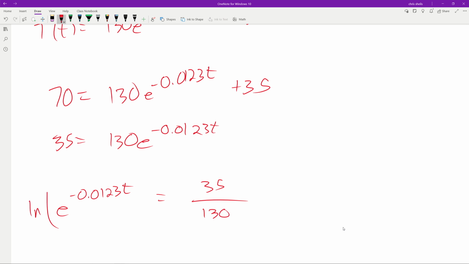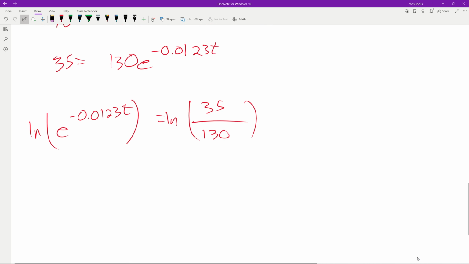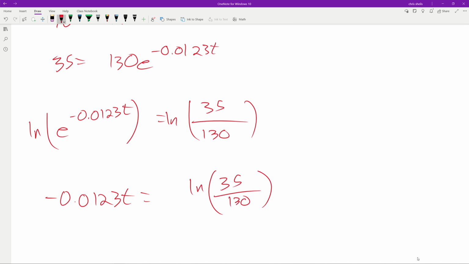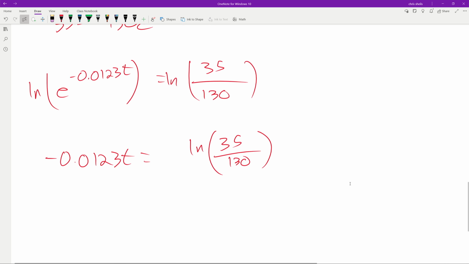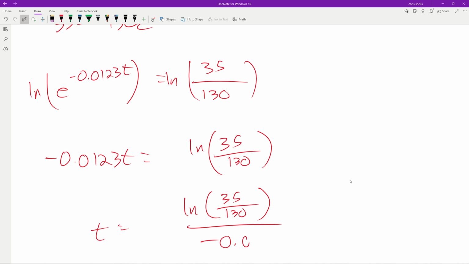I can then take the natural log of both sides, and I get negative 0.0123 t is equal to the natural log of 35 over 130. So t is the natural log of 35 over 130 divided by negative 0.0123.